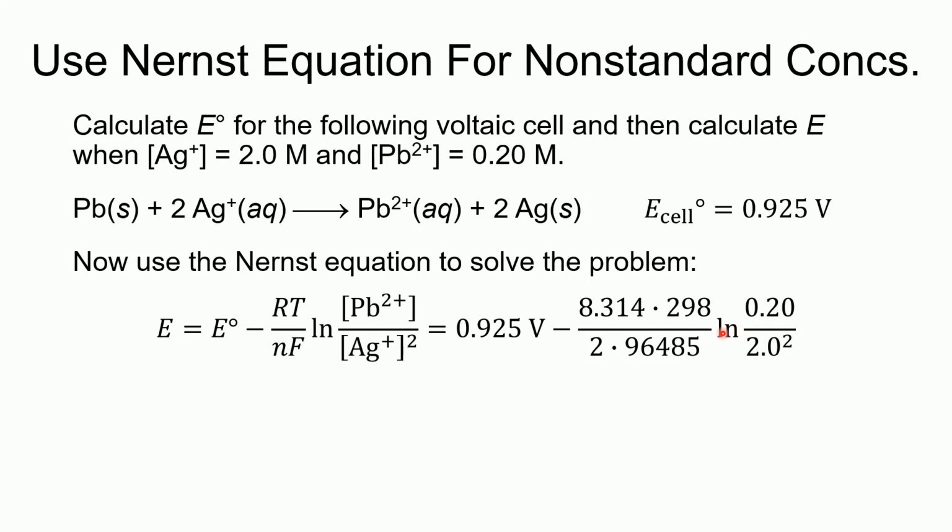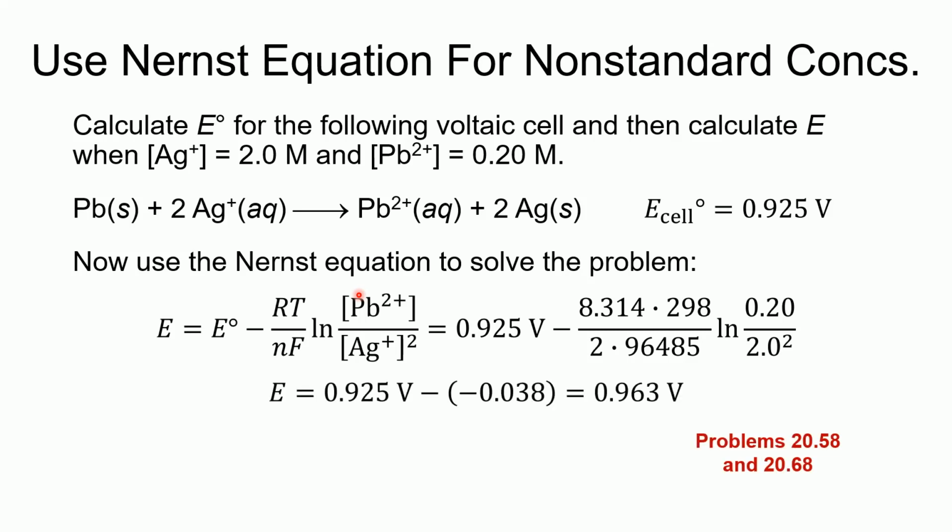We'll take the natural log of that and multiply all of that out. Usually what we find is that quantity, that is the RT over NF natural log of Q, is not usually very big, but it can change the cell potential enough that it is important. So you see here it is a relatively small number.